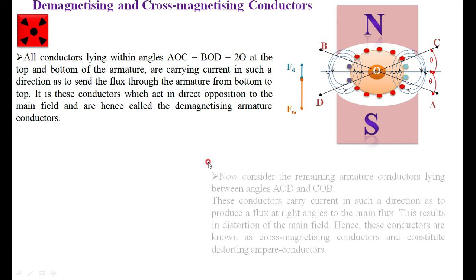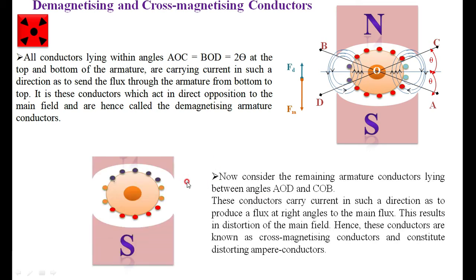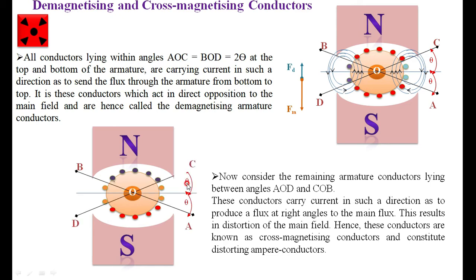Okay. Now consider the case of the cross-magnetizing effect. I told you the conductors lying between BOC and DOA produce flux perpendicular to the main flux. Therefore, these are called cross-magnetizing conductors.